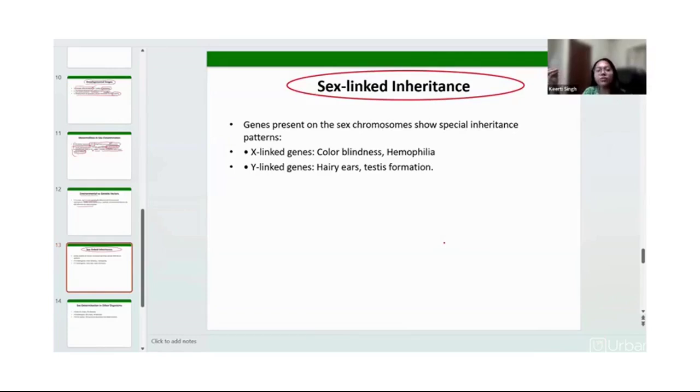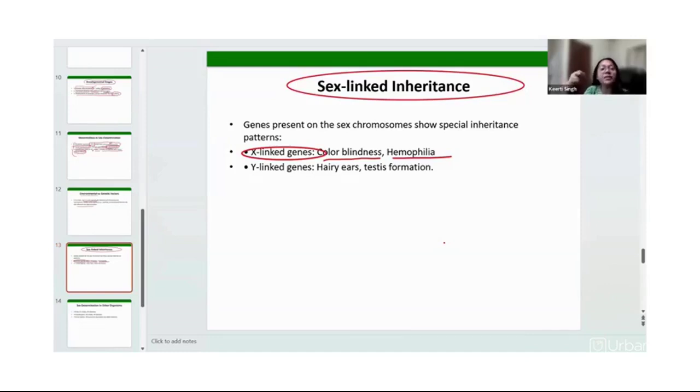So it has been found that some of the genes that are present on sex chromosomes show a special inheritance pattern. For example, color blindness and the hemophilia disease are actually X-linked genes. It means a particular X gene is responsible for color blindness and hemophilia, right?